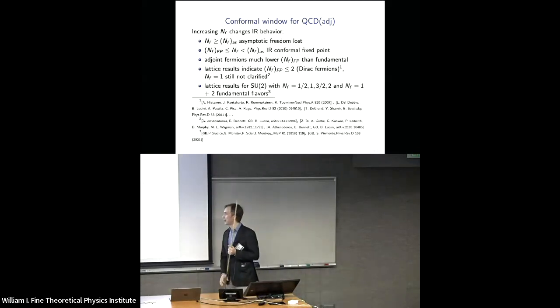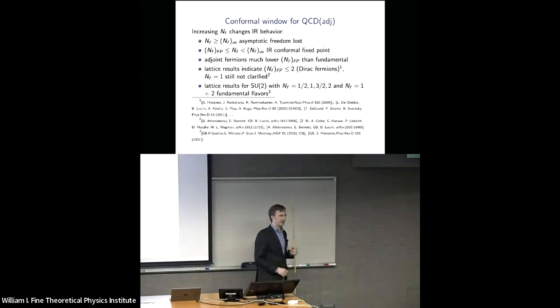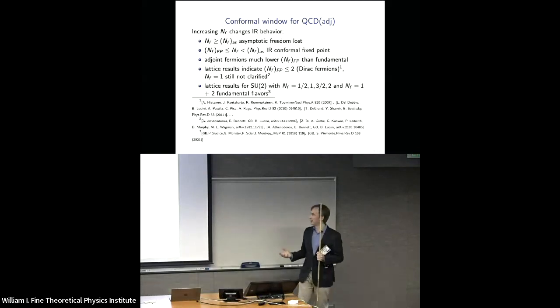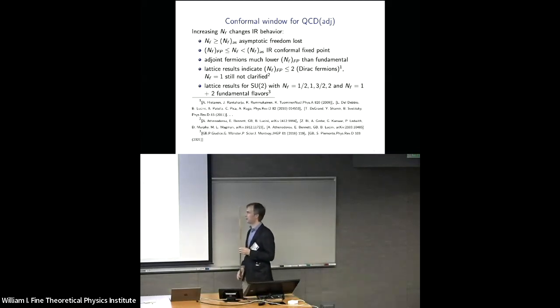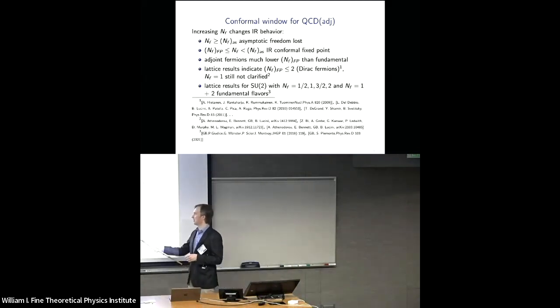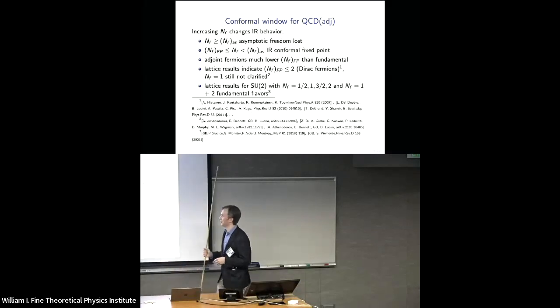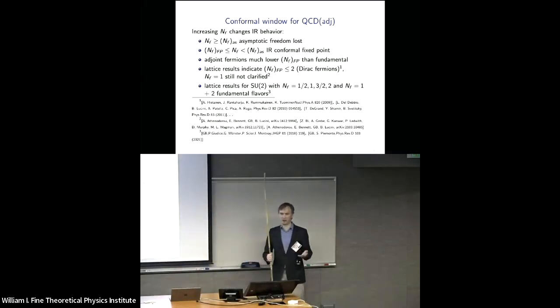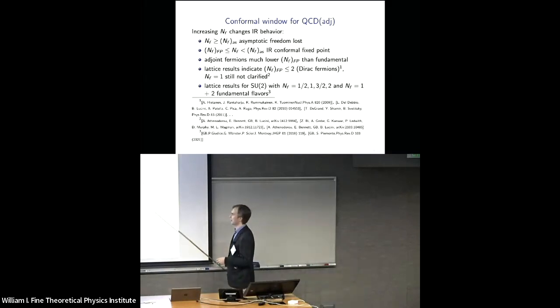One remark I want to add is that if you increase the number of flavors and go away from supersymmetric Yang-Mills theory, you have to be careful. As everyone knows, for a large number of flavors you lose asymptotic freedom in a general QCD-like theory.